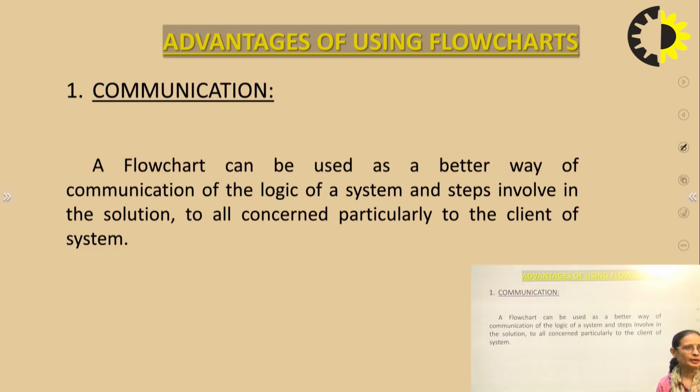A flowchart can be used as a better way of communicating the logic of a system, because when you write the steps, sometimes understanding those English words or the full meaning of a particular sentence becomes difficult, and sometimes it produces a double meaning to different programmers. Maybe programmer 1 assumes some other meaning of that sentence and programmer 2 assumes some other meaning. In this case, the pictorial representation avoids such kind of ambiguities.